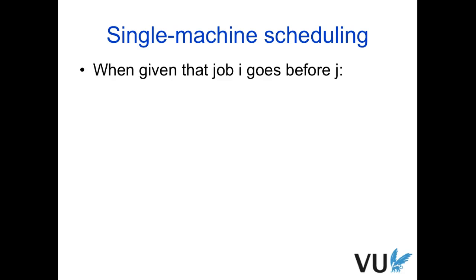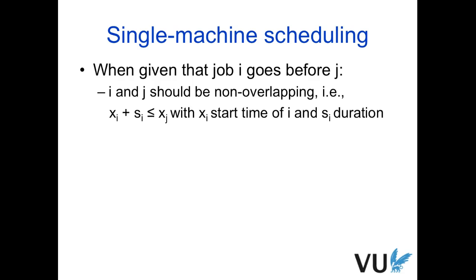So let's think about which constraints we should have in single machine scheduling. Well, assume that you already know that a certain job i goes before a certain job j. Because we cannot execute them at the same time on the machine, they should be non-overlapping. So we get this relation.